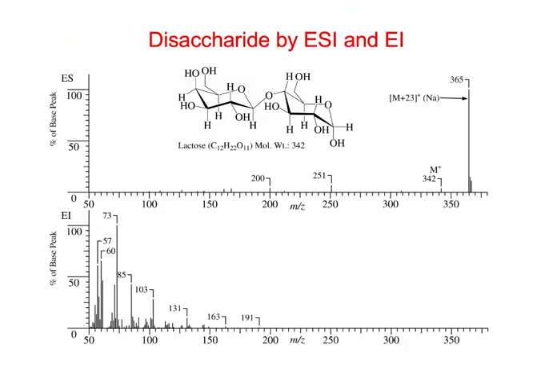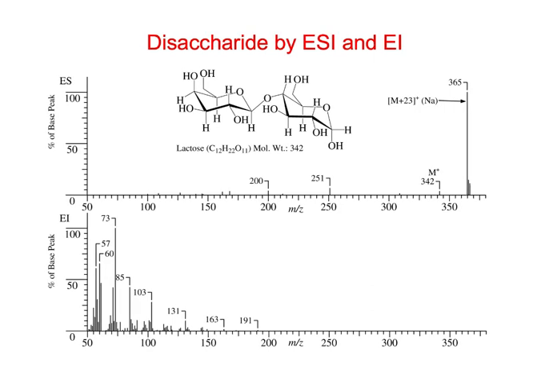Okay, so here's an example. This is lactose. Down at the bottom is the electrospray, and we see a bunch of very small ions. We don't see any molecular ion up here at all, right? Because with all those alcohols on lactose, this is not going to be very volatile.